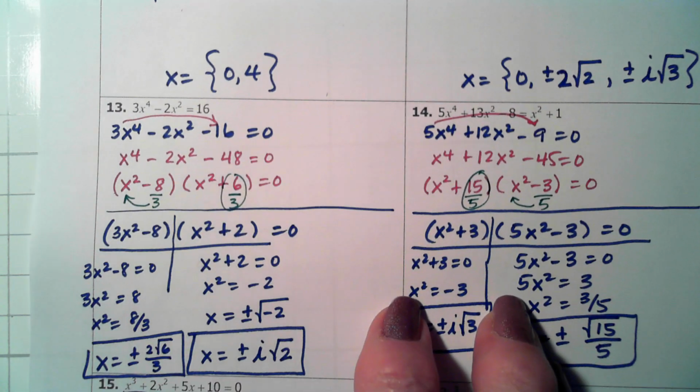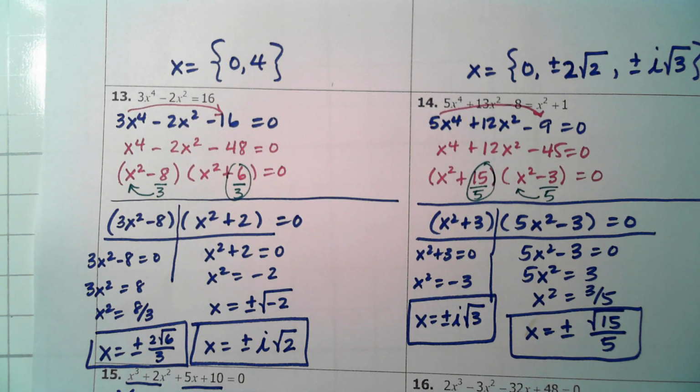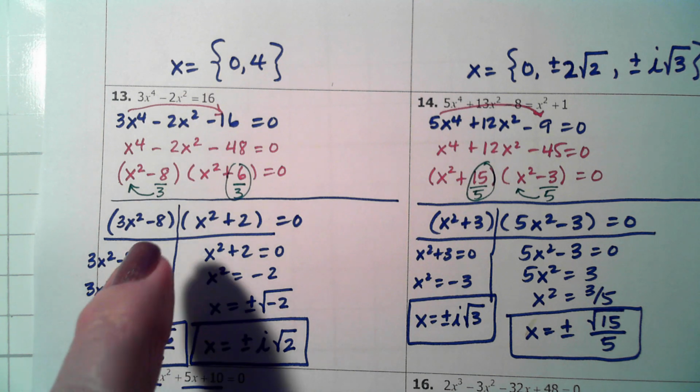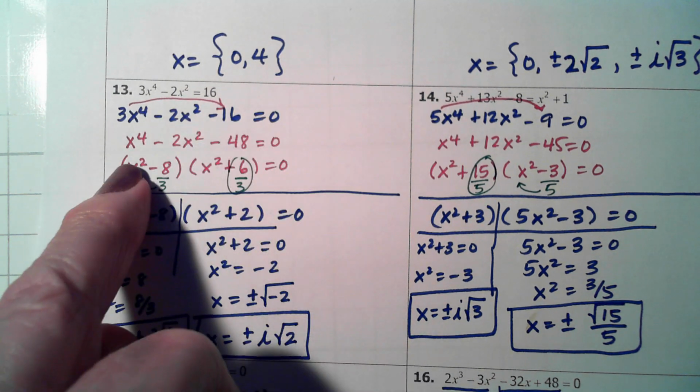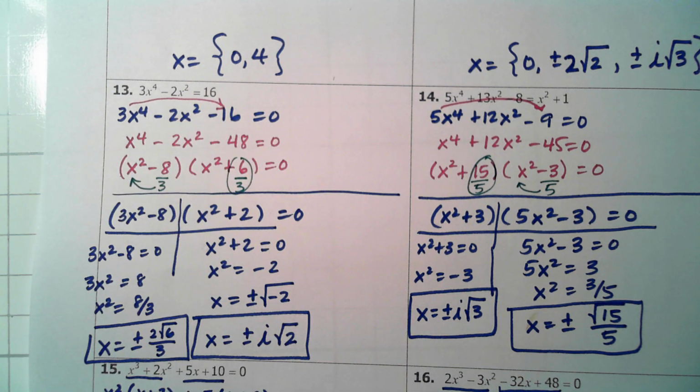For numbers 13 and 14, both of those are done treating them like quadratics. If you need to pause it to look at this again, I'm using the slide, divide, and then bottoms up method, where I slid the coefficient. I have it written in pink here because this is not the true quadratic, but it's what we're using.